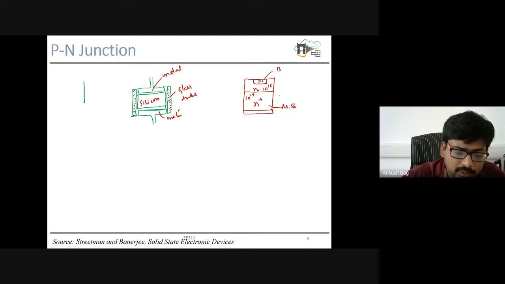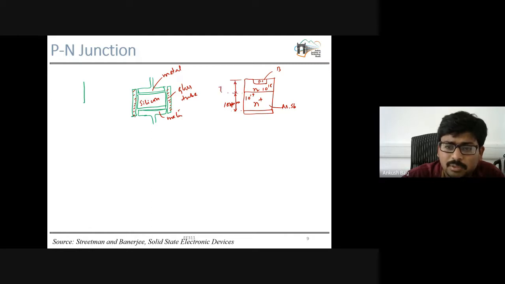And the thickness, just for your information I am giving, you should have some idea what the actual diode dimensions and other parameters are. So this thickness is of the order of I think 100 micrometer, and here this is of the order of 7 micrometer again.